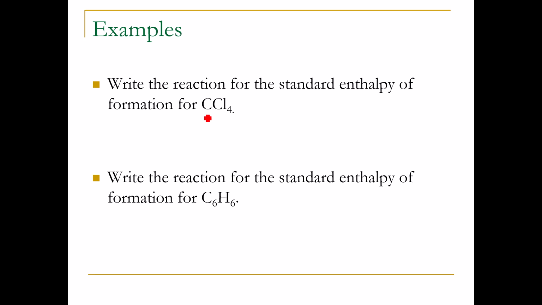So if I want to know heat of formation for CCl4, well, that has carbon in it, which is solid, and it has chlorine in it, which is a diatomic gas. I want to make 1 mole of CCl4. So in order to balance, I need 1 carbon, but I need 2 of the Cl2s. Alright, so C6H6, same idea.